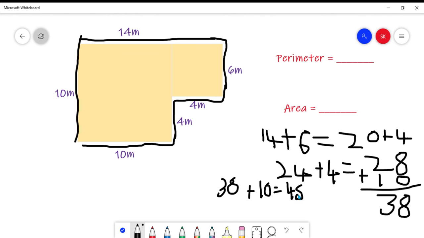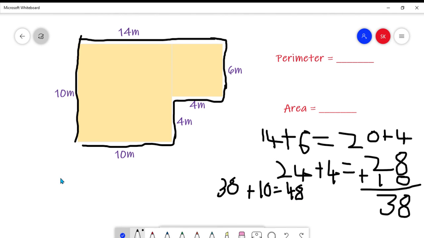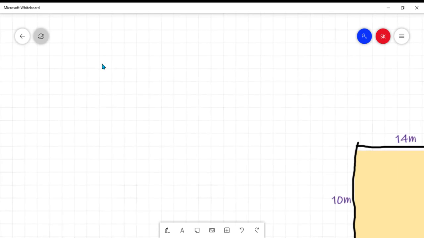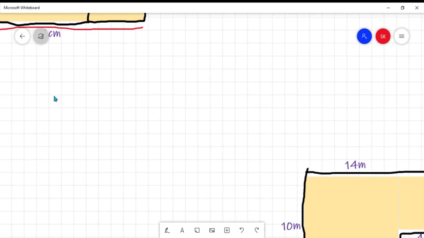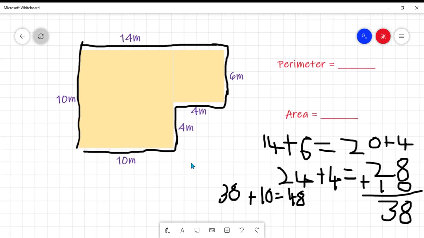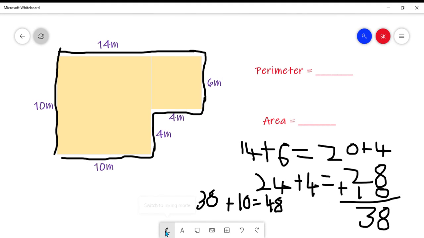I think the first one was 48 too in the first example. Oh no, it's 46. Alright, my mistake. 48 meters is the perimeter.